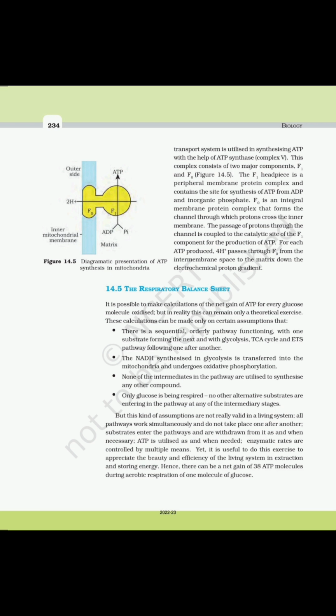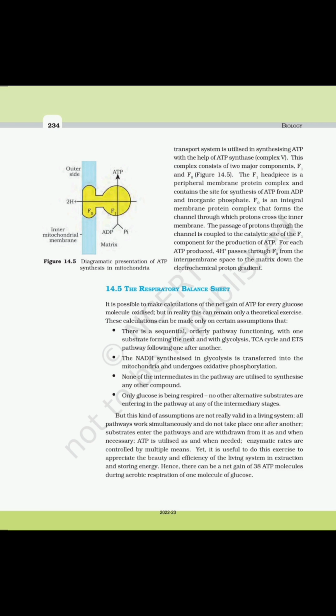The NADH synthesized in glycolysis is transferred into the mitochondria and undergoes oxidative phosphorylation. None of the intermediates in the pathway are utilized to synthesize any other compound. Only glucose is being respired, no other alternative substrates are entering in the pathway at any of the intermediary stages. But these kinds of assumptions are not really valid in a living system.